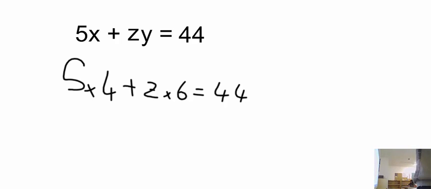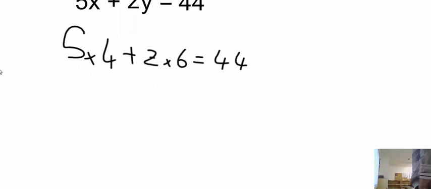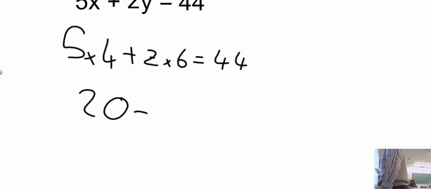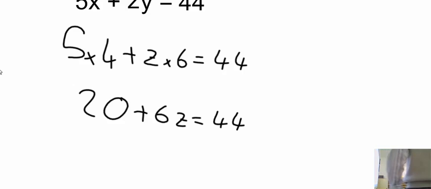From here, 5 times 4 will give you 20. And Z times 6 is, number comes first, 6Z equals 44. You have practiced this. I am looking at homework number 1, right? I'm sorry, homework number 2 right now.